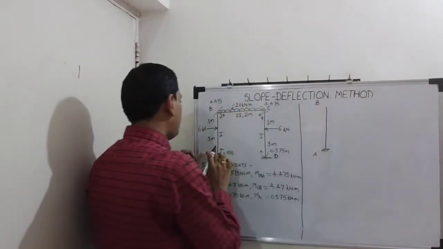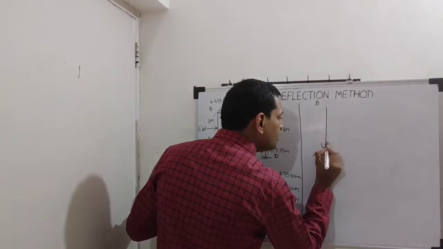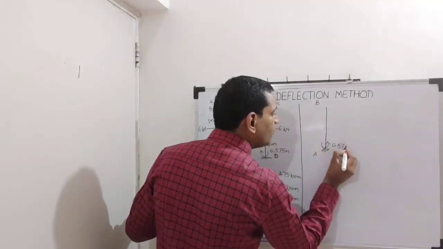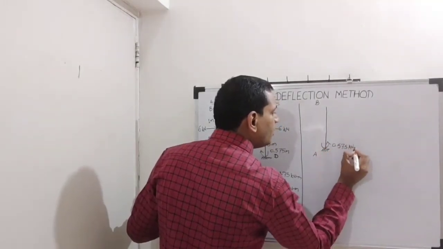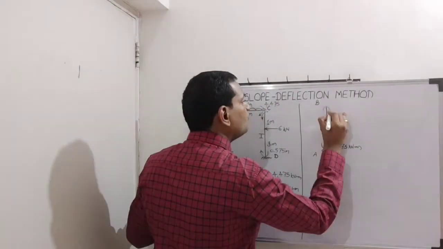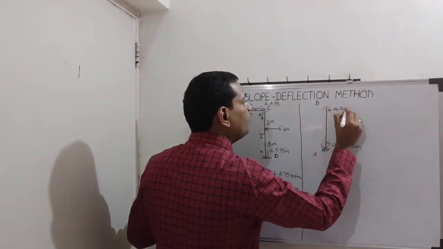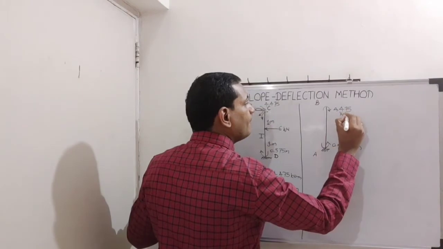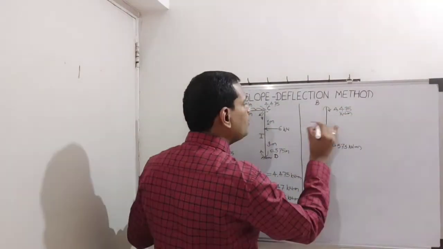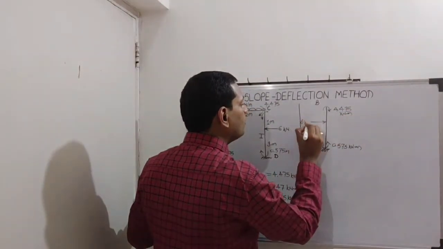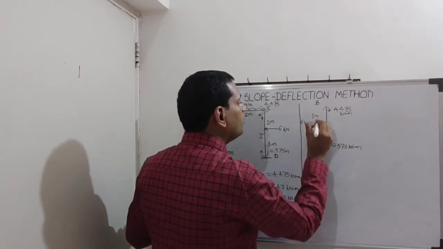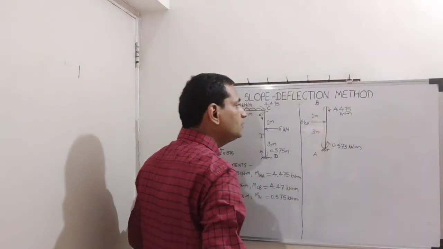so here we have end moments, 0.575 here anti-clockwise, then clockwise 4.475 here, then external load of 6 kilonewton here. This is 1 meter, this is 3 meter.